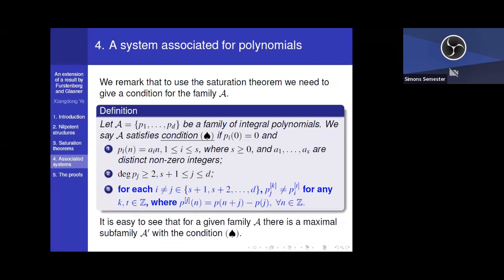Another thing you should consider is that in the saturation theorem, we need the polynomials to be distinct. But if you're given a polynomial, when you apply the saturation theorem, you will see sometimes this happens. So this is defined in this way, and we should exclude this situation. Fortunately, in any family, you can find a maximal family satisfying this condition.